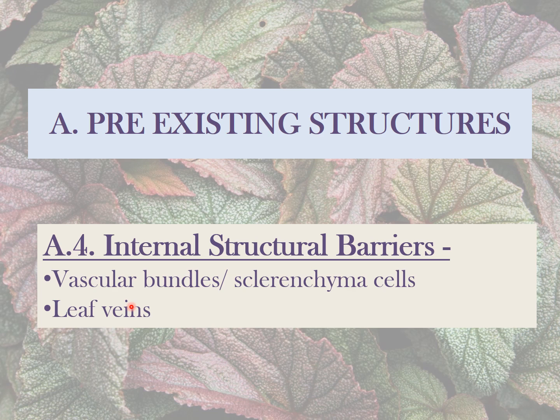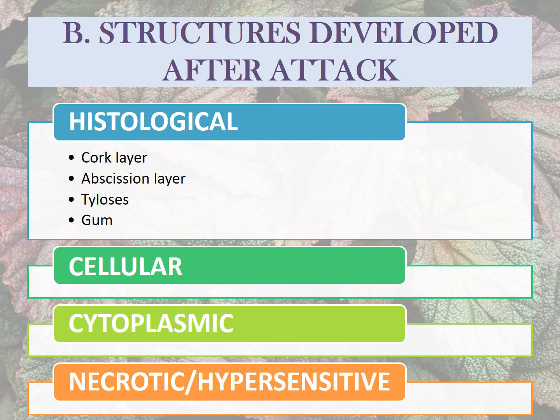It will not spread across the leaf veins. So these are some of the internal structural barriers that can to an extent block the spread of pathogen, or at least slow it down. These are some of the pre-existing structural resistance mechanisms that we find in plants.